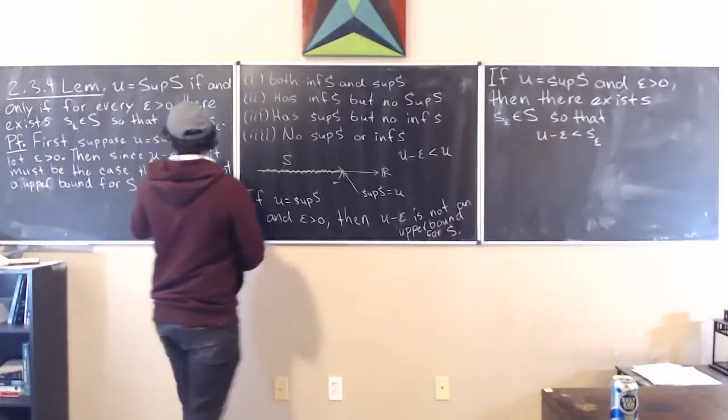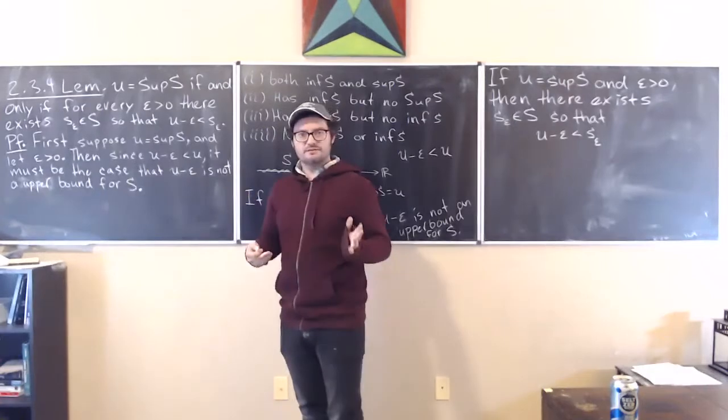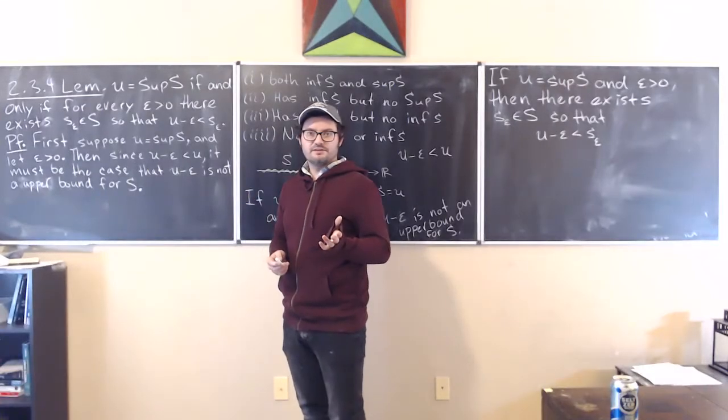Now, since U minus epsilon is not an upper bound for S, then S has at least one element that's larger than it.